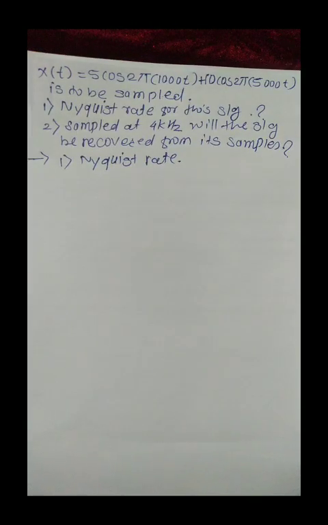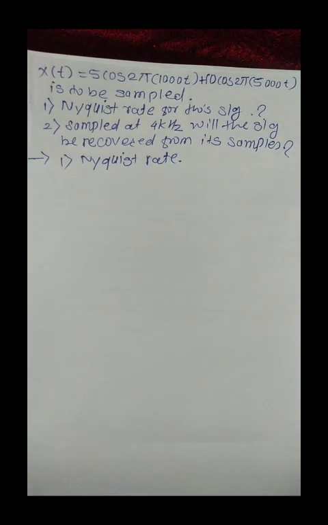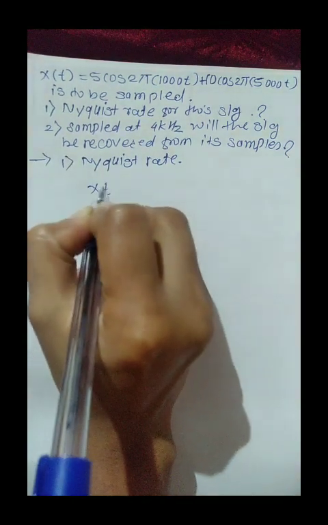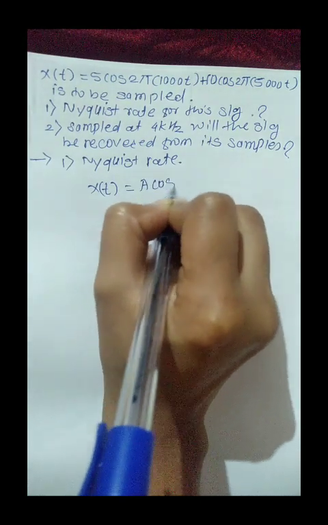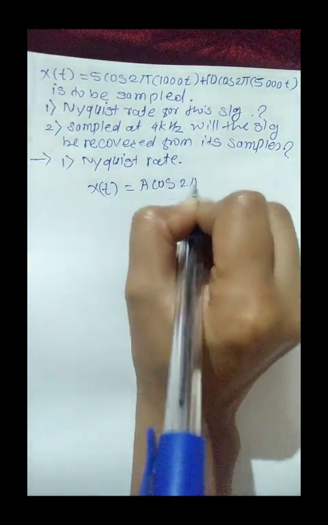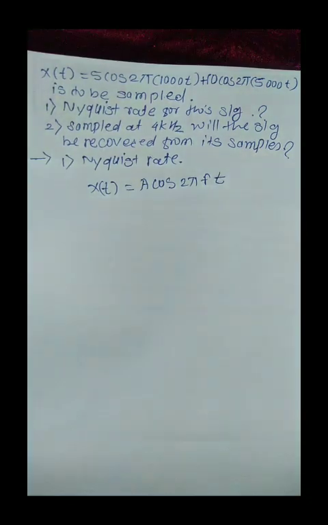See, this is one problem, which says that x of t is an analog signal given by 5 cos 2 pi 1000 t plus 10 cos 2 pi 5000 t. Basically the formula is x of t equals a cos 2 pi f t.